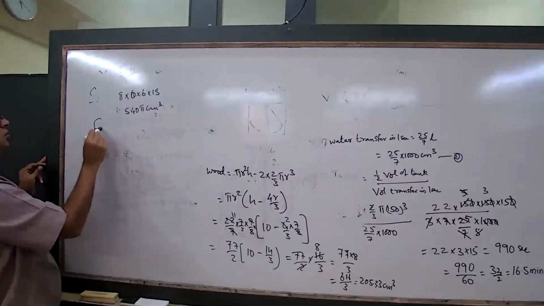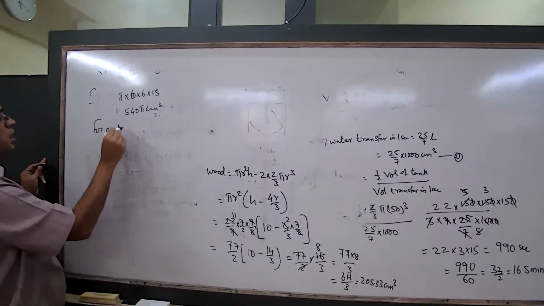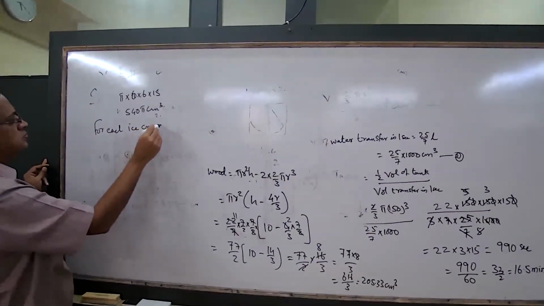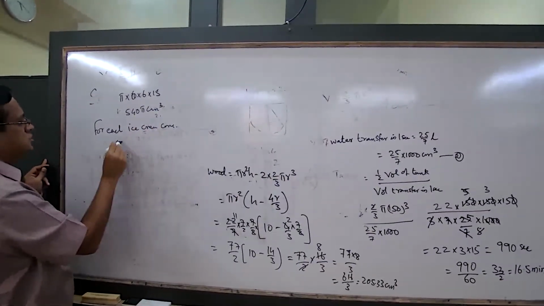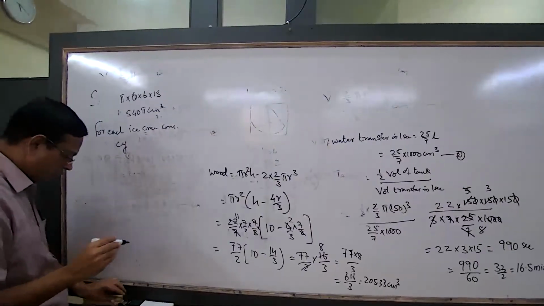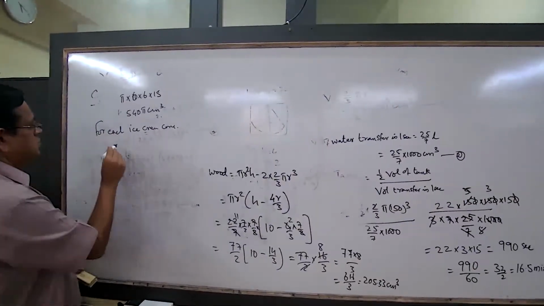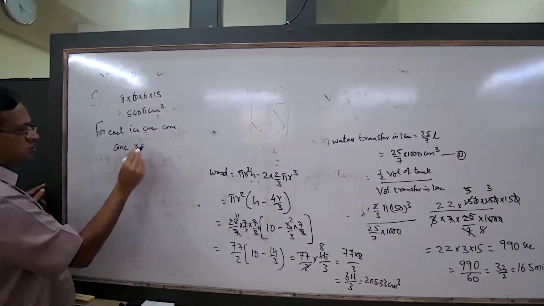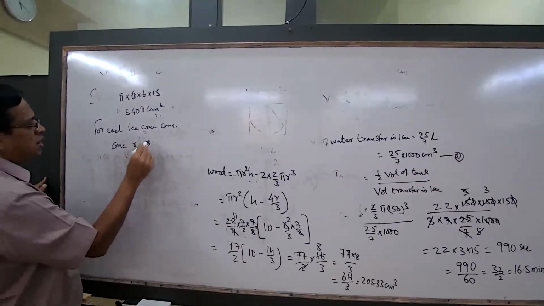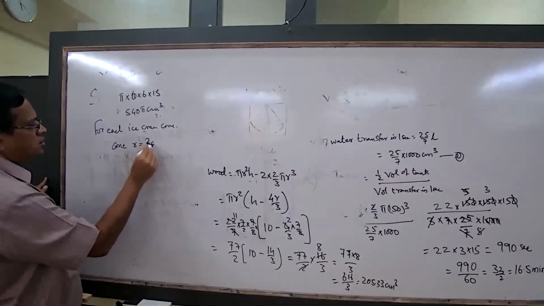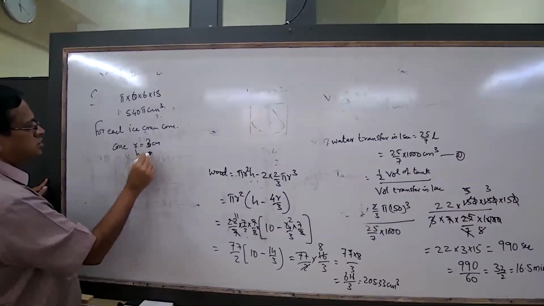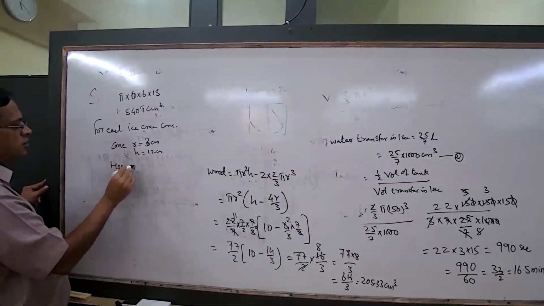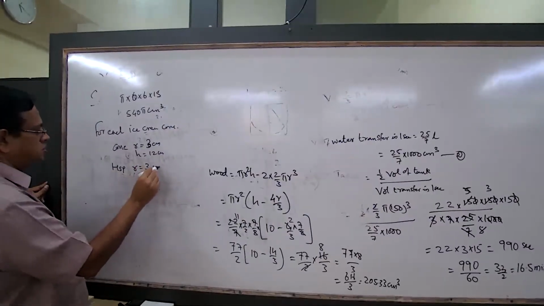Next, for each ice cream cone. For the conical part, what is the radius? How much is the radius? 3 and height 12 centimeter. And for the hemisphere, same radius equal to 3 centimeter.